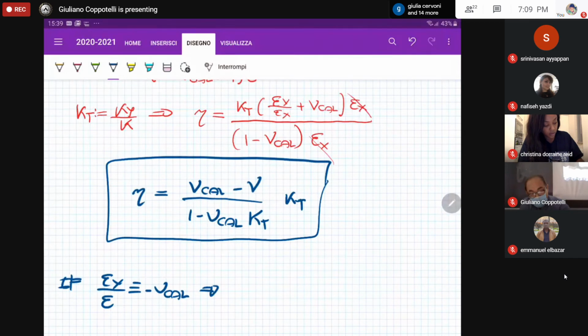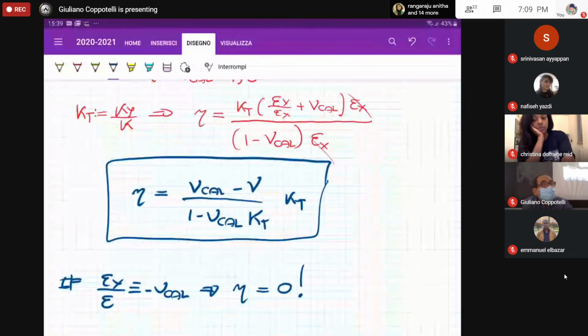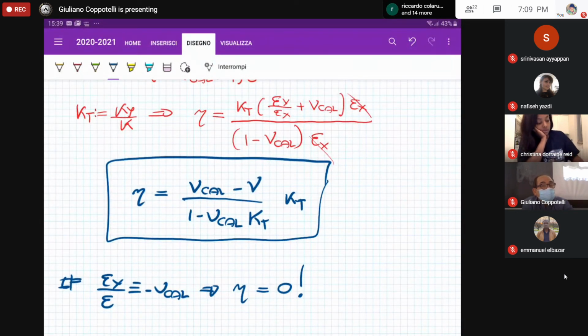It means that your eta is 0. Okay, as expected. If the calibrated material is equal to the actual material, the numerator is 0, and that error eta is 0.